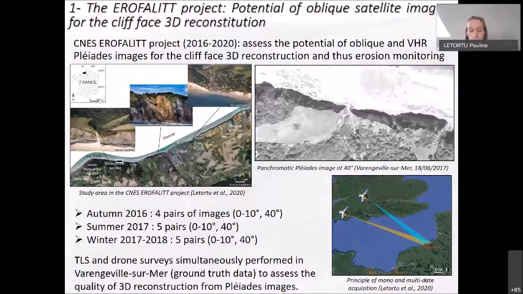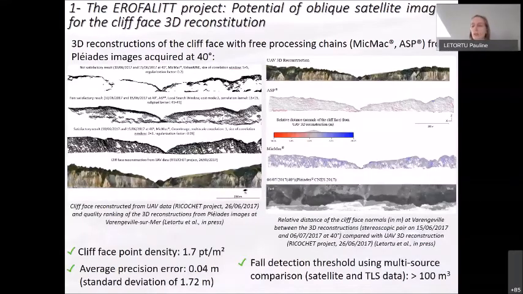TLS and drone surveys were performed in Varengeville-sur-Mer to have ground truth data in order to assess the quality of 3D reconstruction from Pleiades images. Thanks to 3 processing chains, MICMAC, ASP, we were able to reconstruct in 3D the cliff face from Pleiades images acquired at 40 degrees.